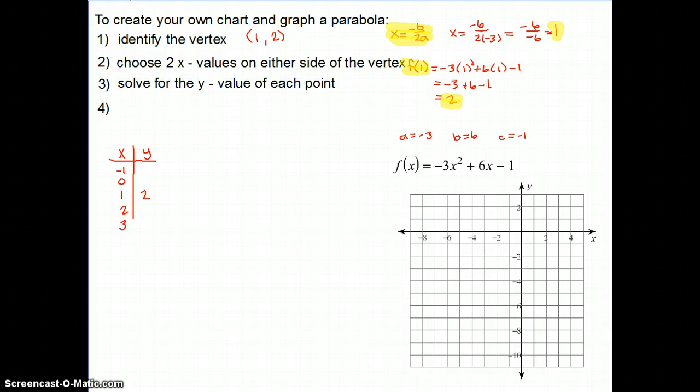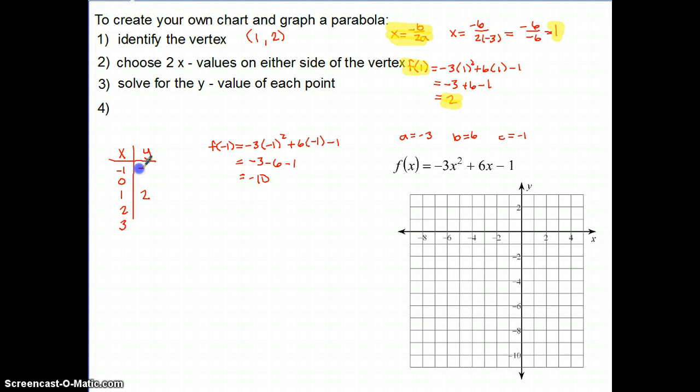Step 3, we solve for the y value of each point. So we plug in -1 for x to our equation to find the y value for that first point. -3 times 1 squared is -3 times 1, which is just -3. 6 times -1 is -6, minus 1. -3 minus 6 minus 1 is -10.